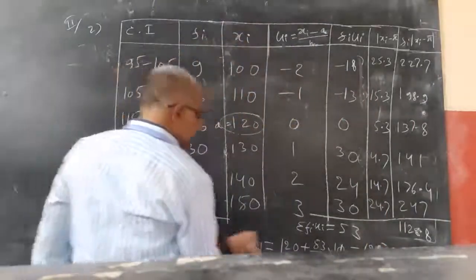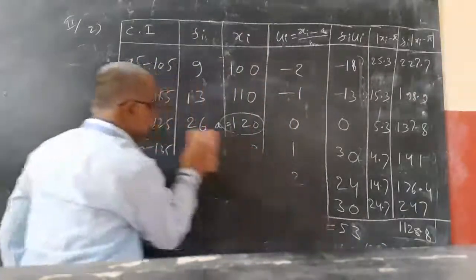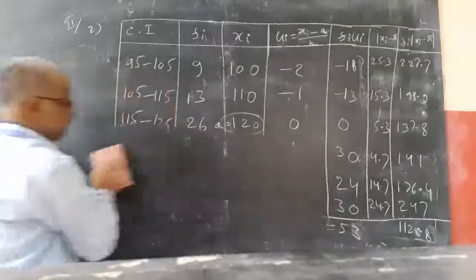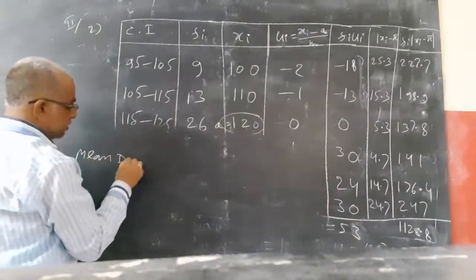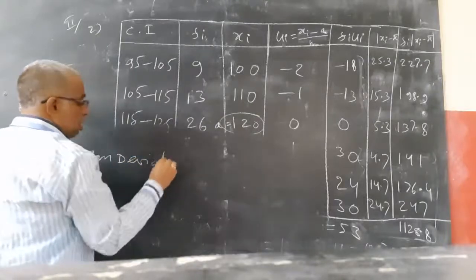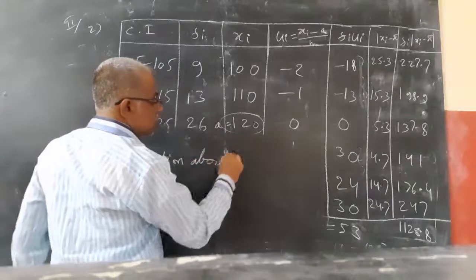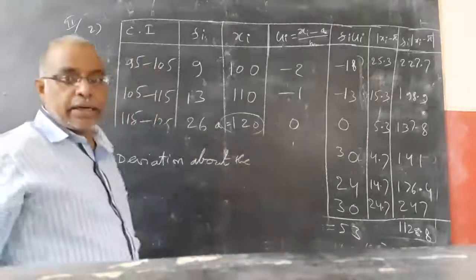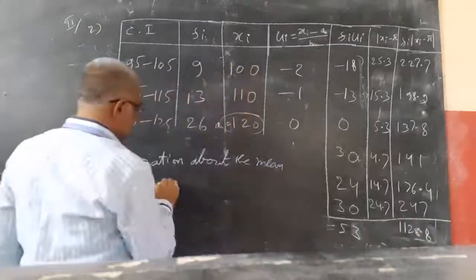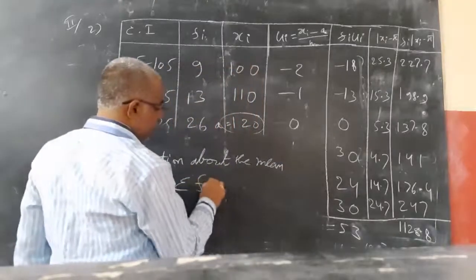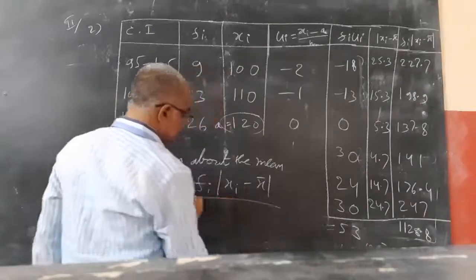Now I need the mean deviation about the mean. You know that mean deviation about the mean is equal to sigma Fi into modulus of xi minus x bar by sigma Fi.